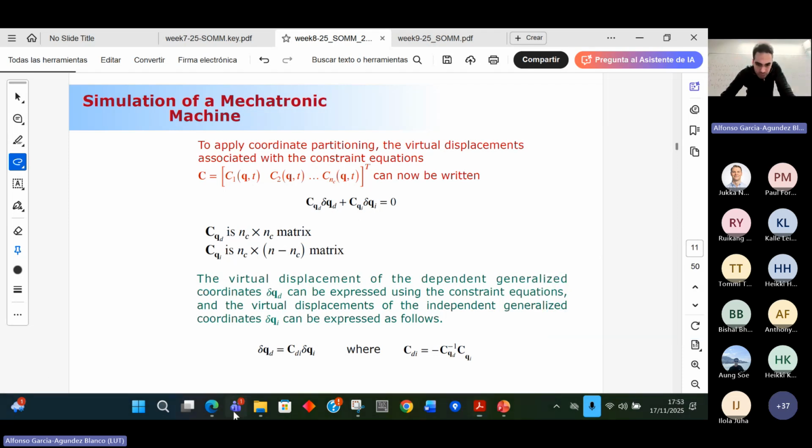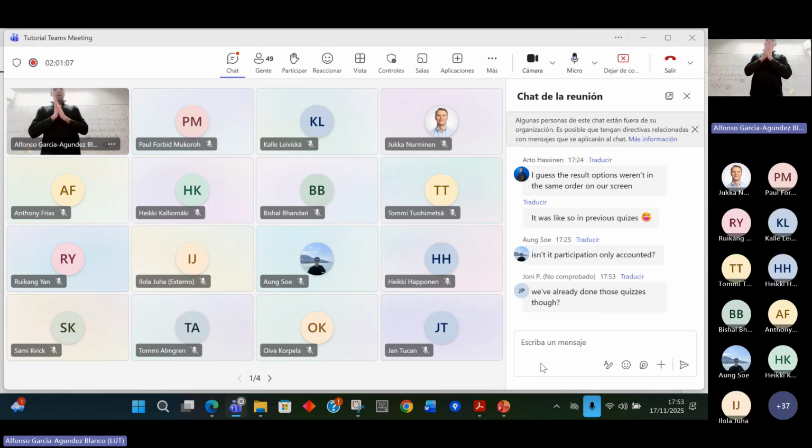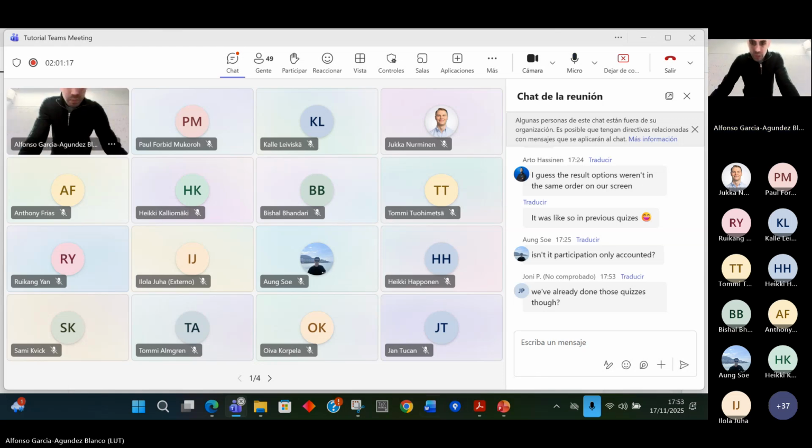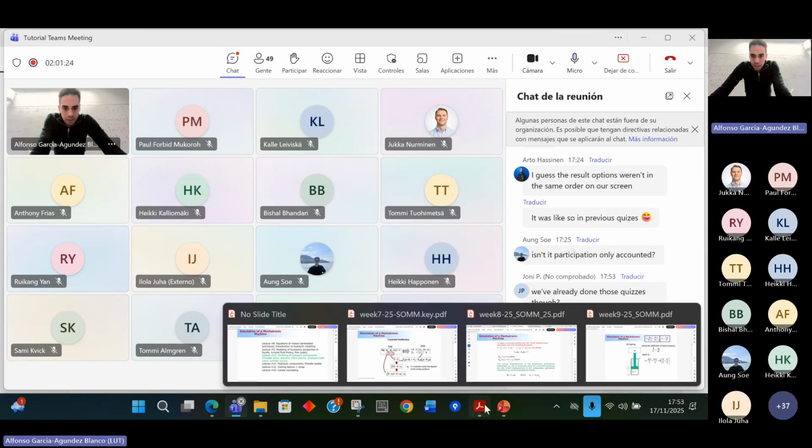I think there is a comment. Ah, you have already done, we have already done those quizzes. You have already done, but you have already done this lecture? No? Okay. Maybe the quizzes were launched other day or were activated, but I think that this coordinate partitioning, you have not studied it yet.